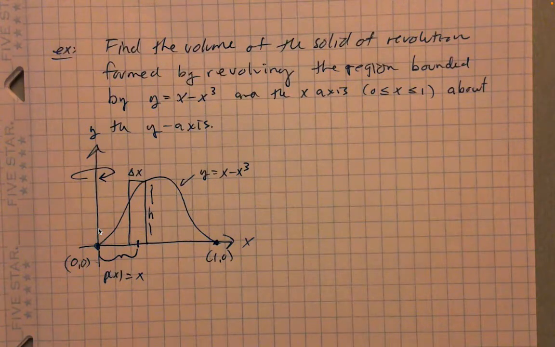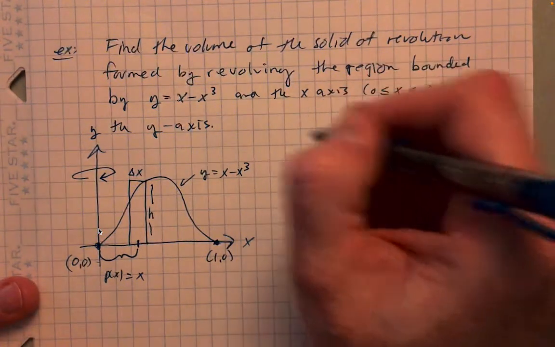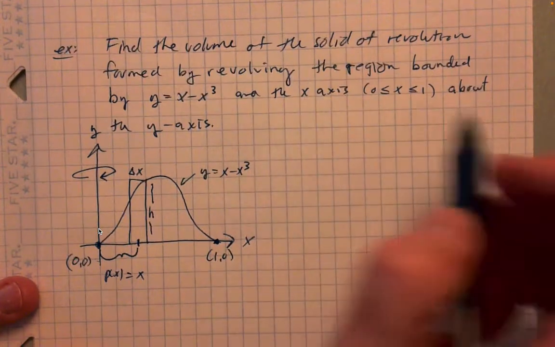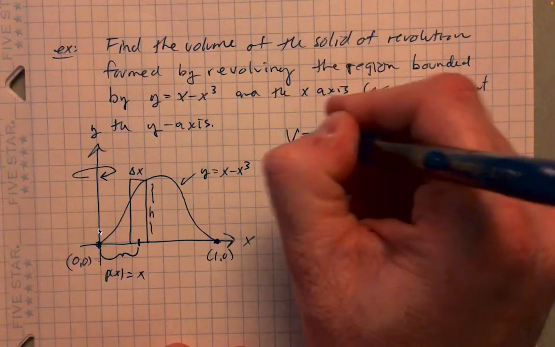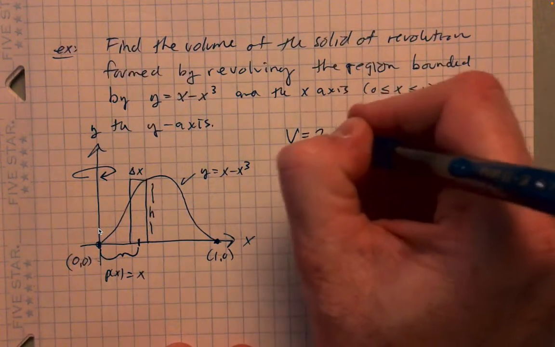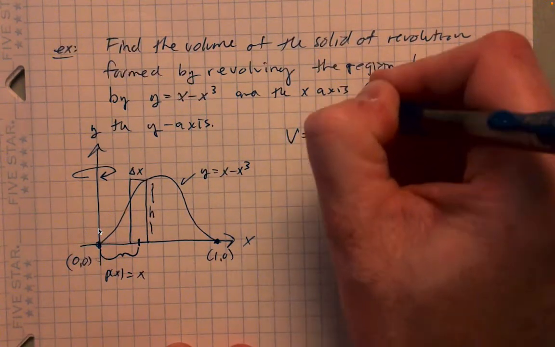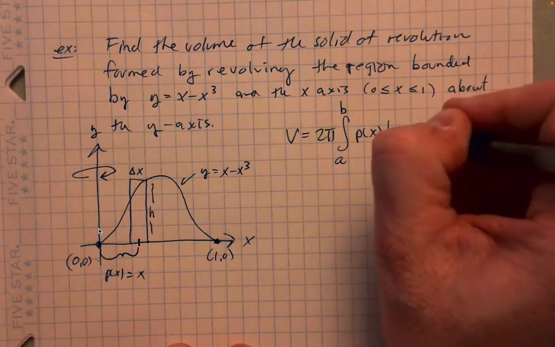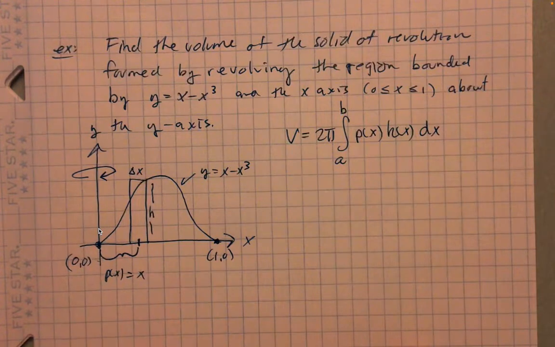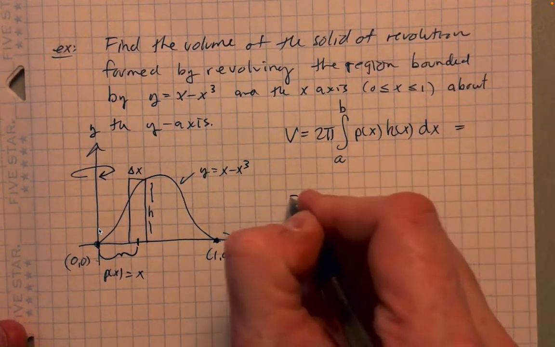All right, so we've got all of our pieces. So I think we can set up our integral now. The volume is going to be equal to 2 pi times the integral from a to b of p of x, h of x, dx. And so what are all of these pieces?